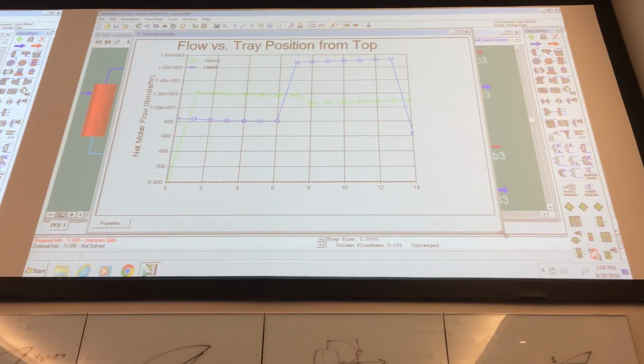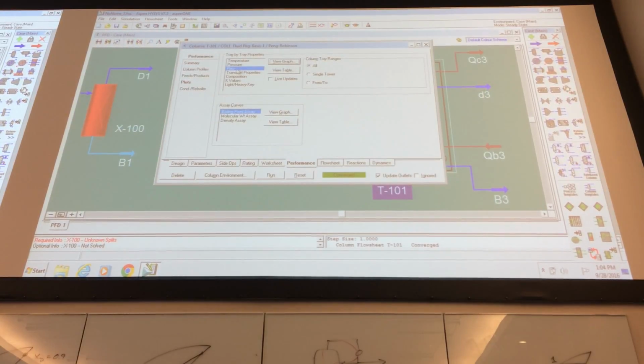You can see that the ratio between your liquid and vapor is roughly constant in your stripping section and your rectifying section. It changes right where the feed changes, or right where the feed is at. Obviously, getting these numbers is not as easy to do with some sort of a calculation to compare with the values that you're calculating here.